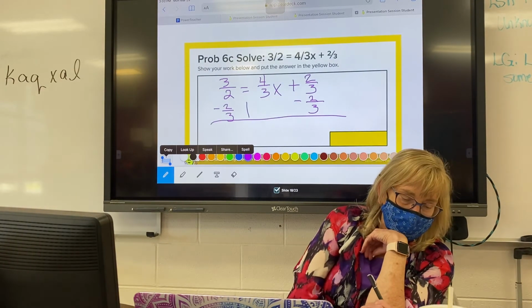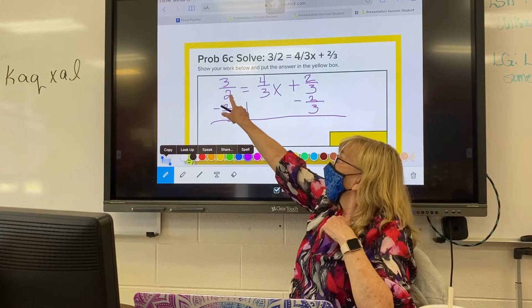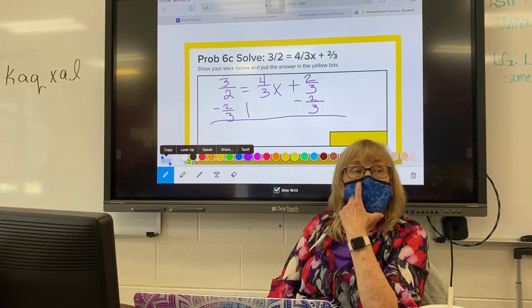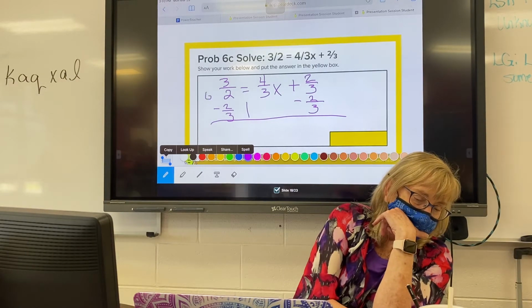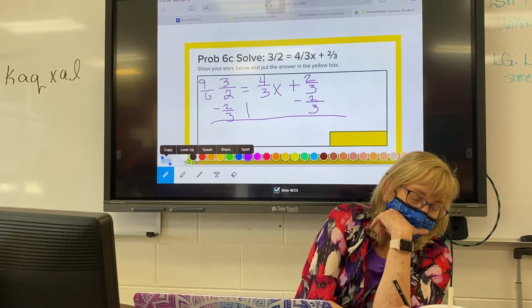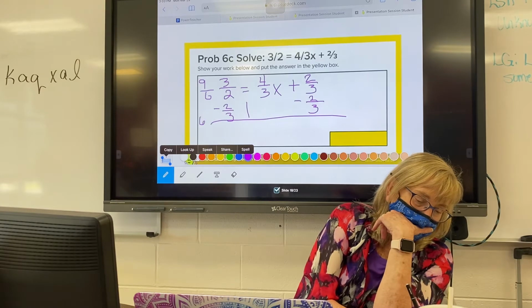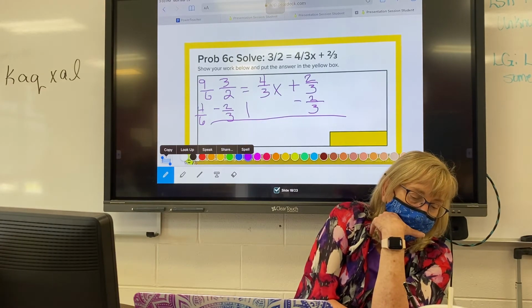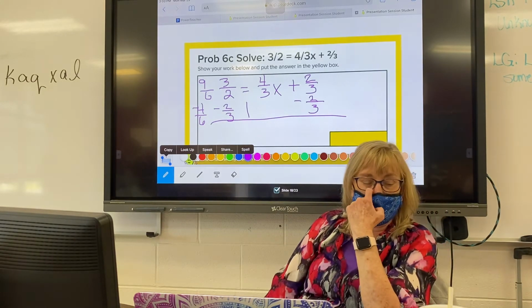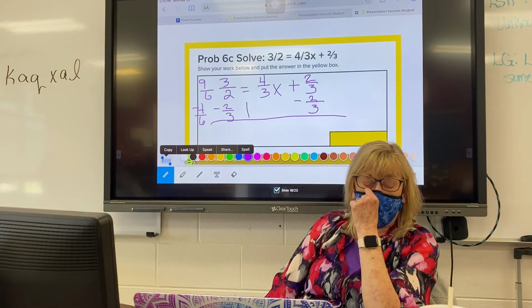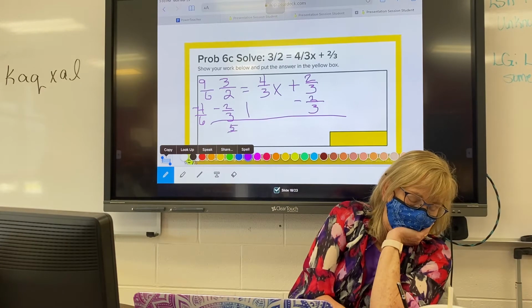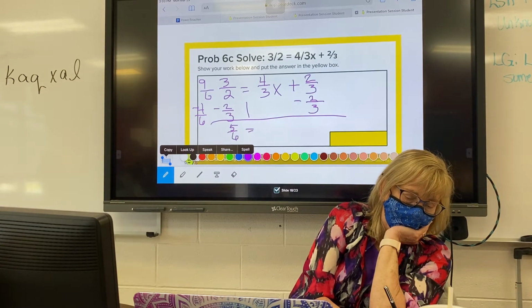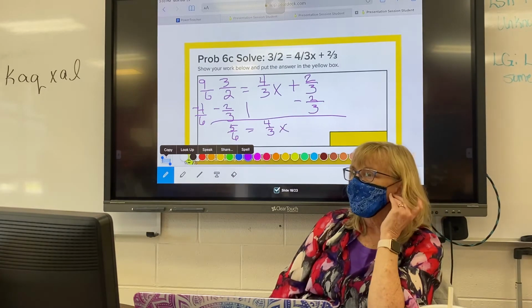Now it looks like we've got an issue over here. We've got halves and thirds. What's our common denominator? 6. So this would be 9/6, and this would be 4/6. So what is 9/6 minus 4/6? 5/6. Now what?